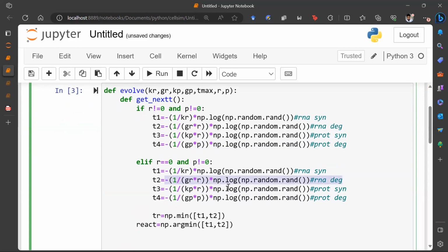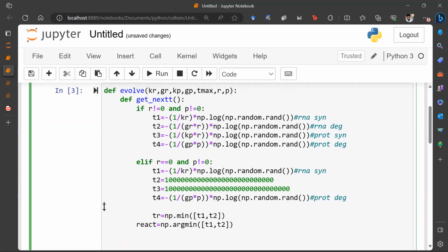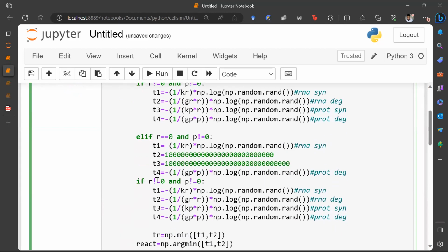Yeah, so infinite doesn't make sense numerically, so we can add a very big number instead of infinite, and the same for this. Okay, so in the next scenario, let's say P is 0 and R is different than 0. So these rates are correct, but this guy is infinite.